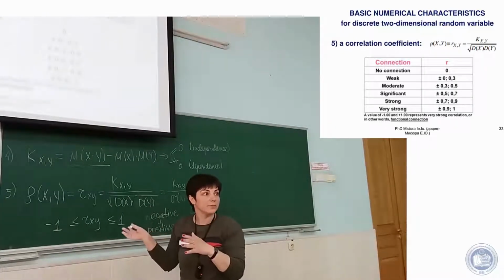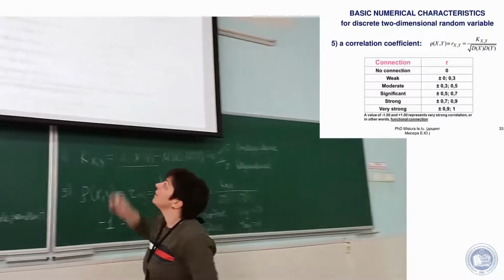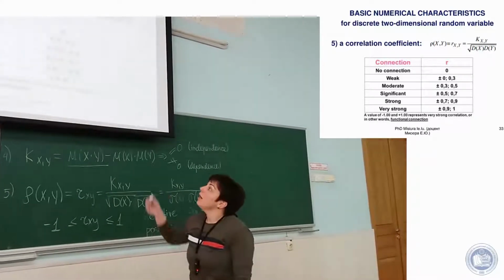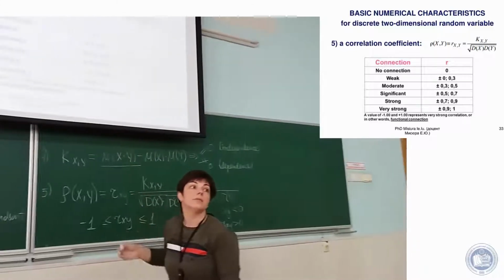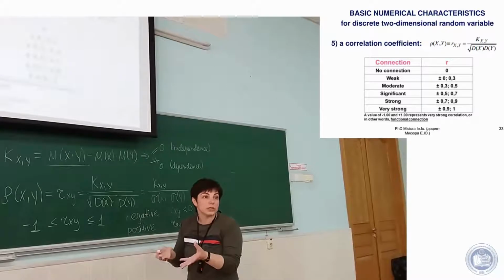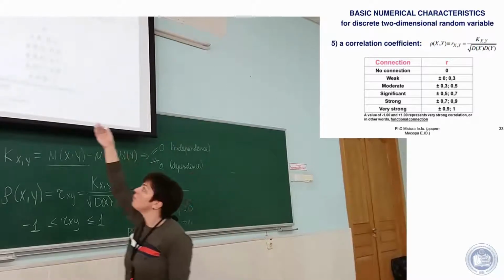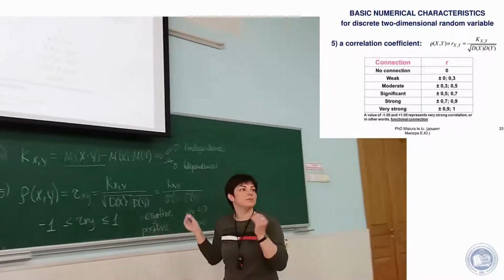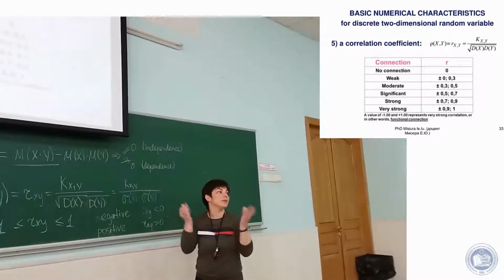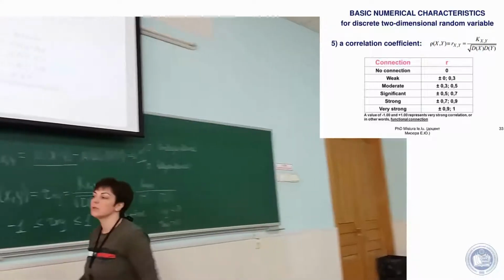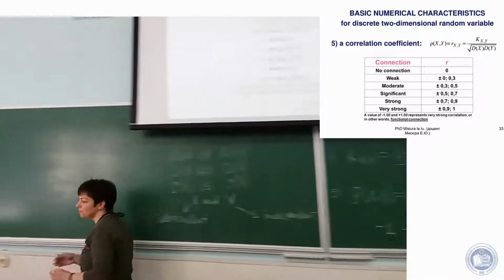It's all clear? Then we have significant, strong, and very strong. We have all possible variants. The best result will be -1 or 1. It means dependence between x and y.